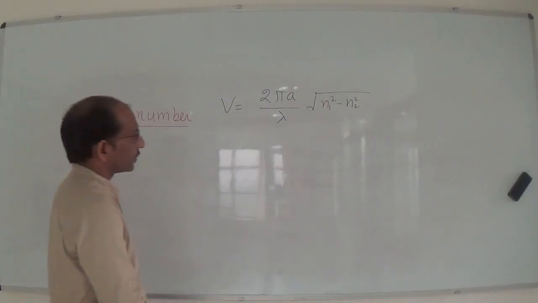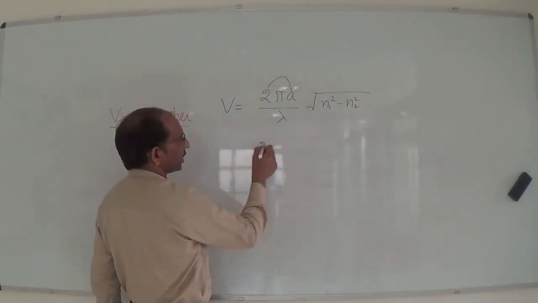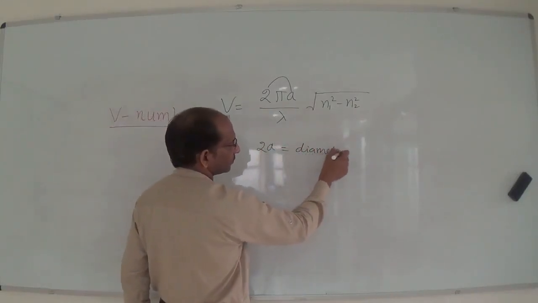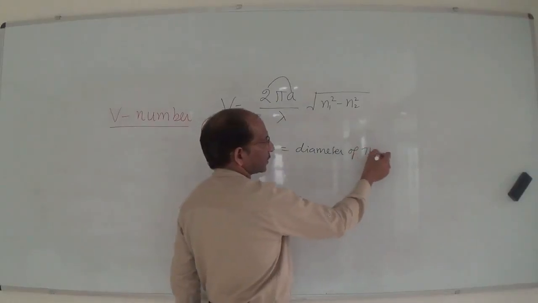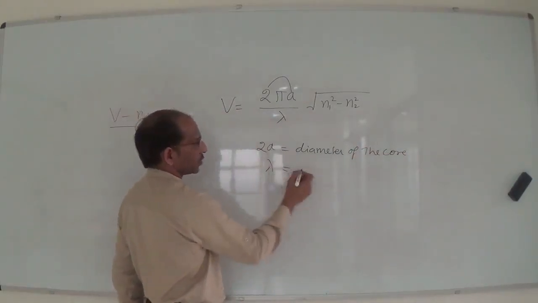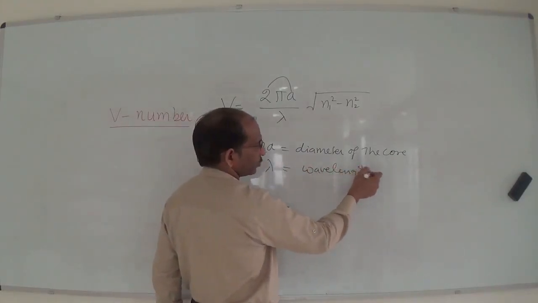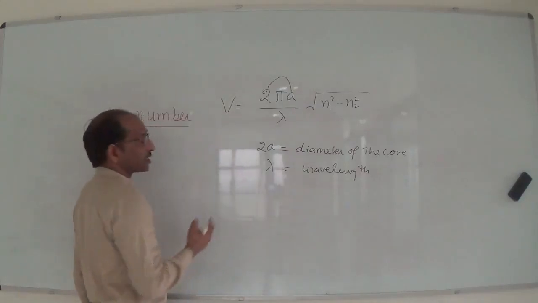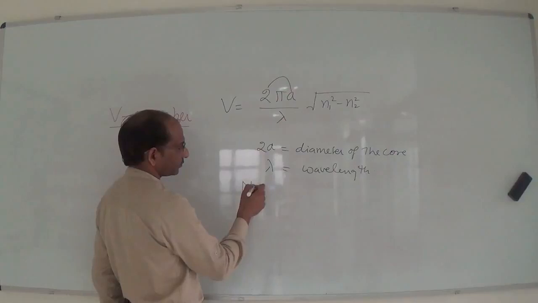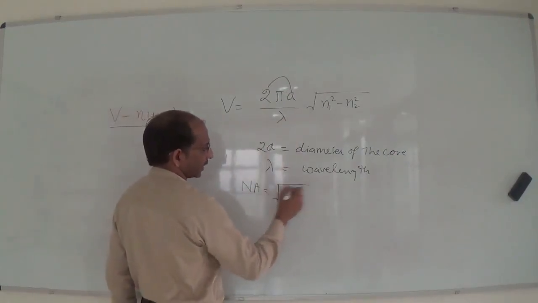It includes the wavelength of the light. This 2a is the diameter of the core. This lambda is the wavelength of light which we have used as an optical signal, and the numerical aperture, that means the refractive indices of the core and cladding.